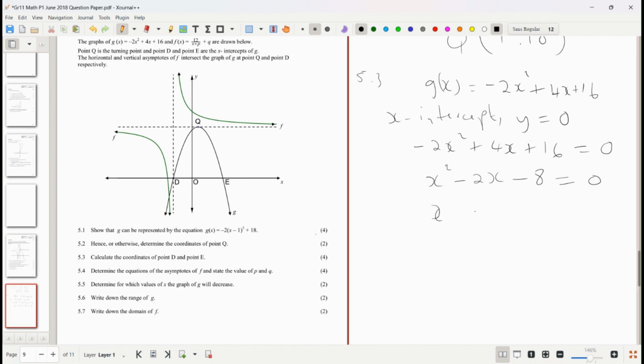So the factors of x will be x and x, okay? And then the factors of 8, we can have negative 4 and positive 2, all equal to 0. So we have x equals 4, or x equals negative 2, right?